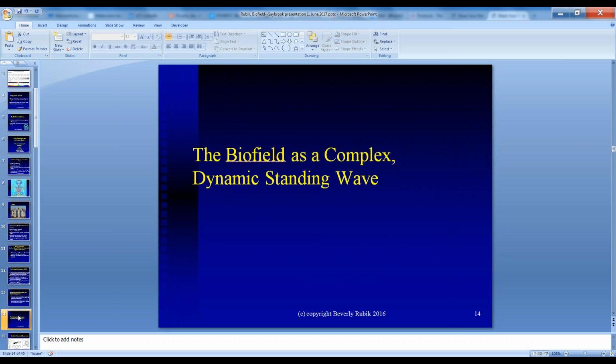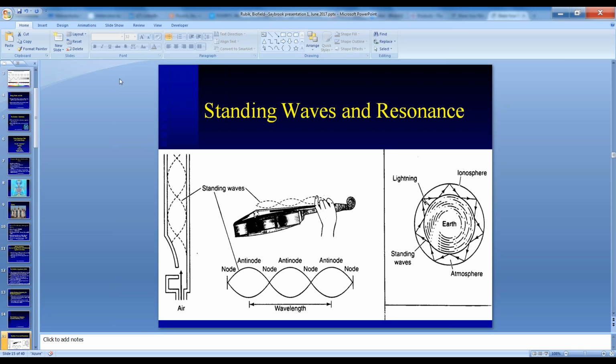So the biofield can be seen, if you want to visualize it, as a complex dynamic standing wave. Here, for example, is a view of standing waves and resonance, on the left, from musical instrument theory, say, a tone in a clarinet that's making a note. It's a resonant frequency, and there are waves inside that vibrating. When a string is plucked, of course, the two ends of the string are fixed.